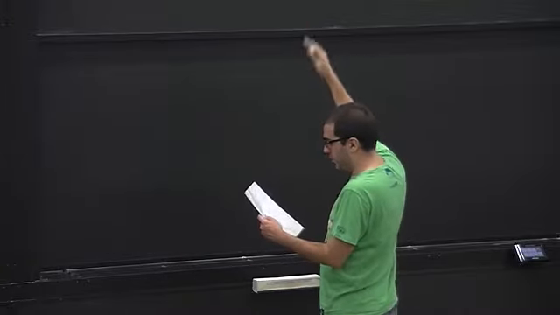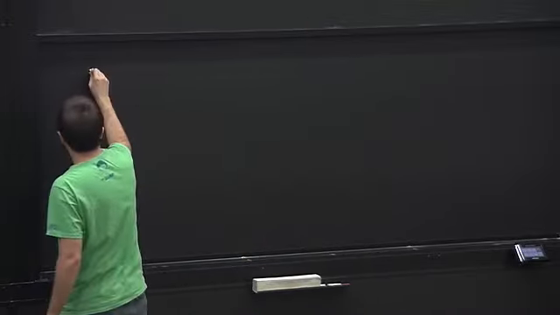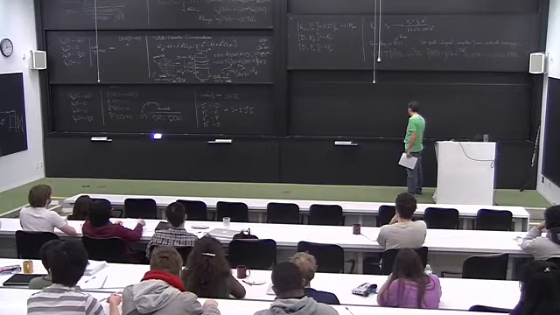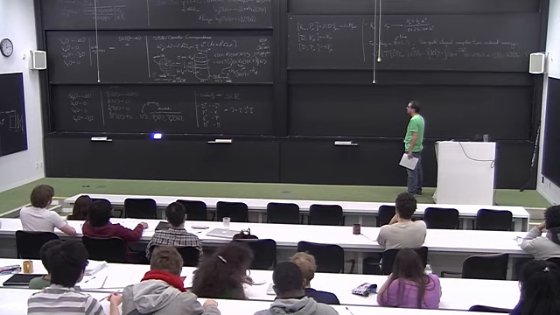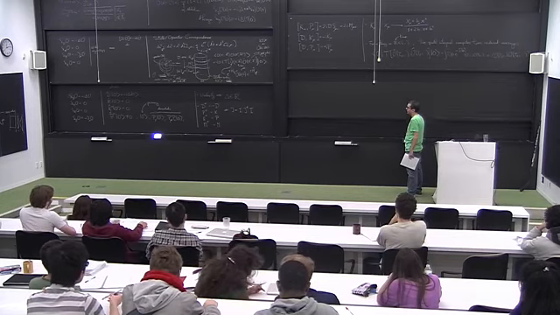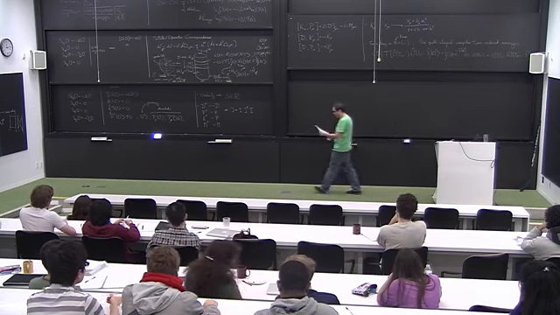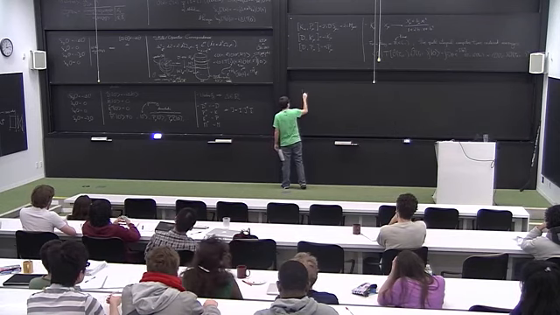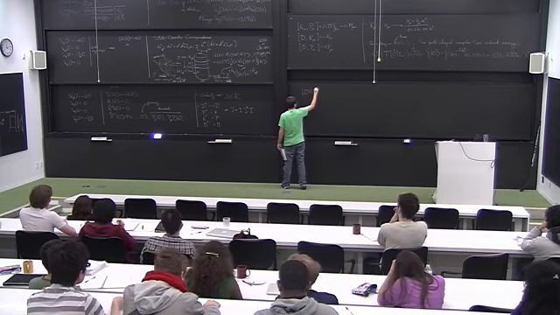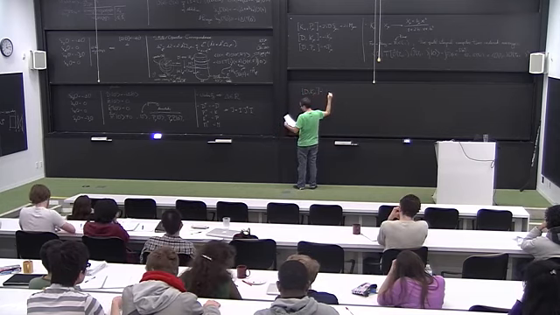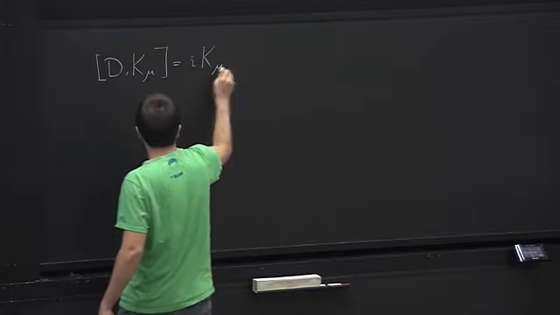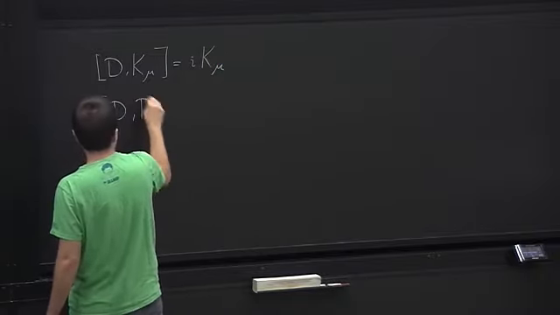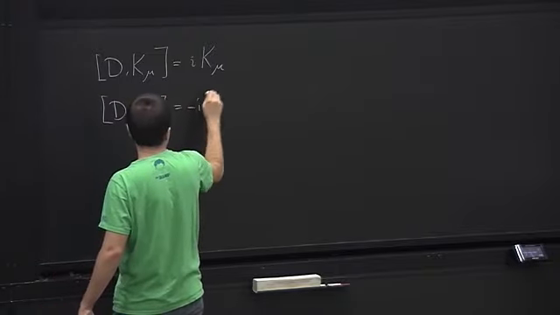And for that, it is very useful to use the relation up there. It's very useful to remind ourselves that D with K mu is equal to I K mu, and D with P mu is equal to minus I P mu.